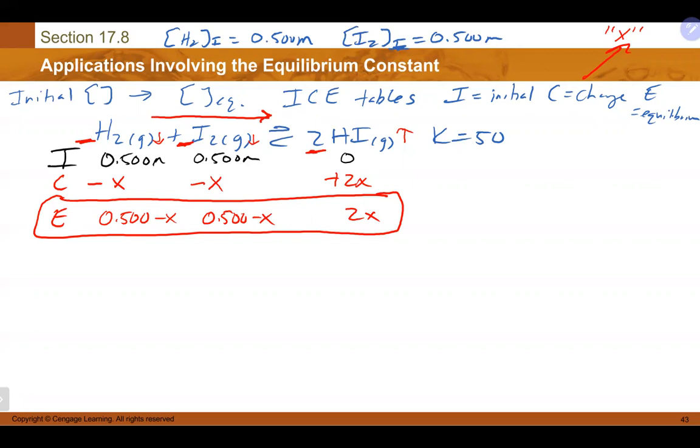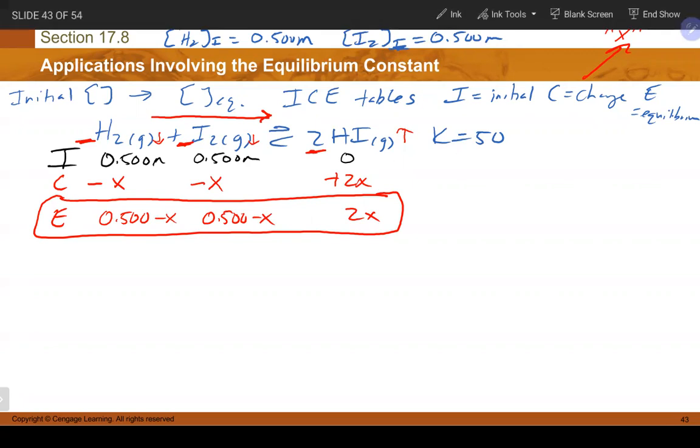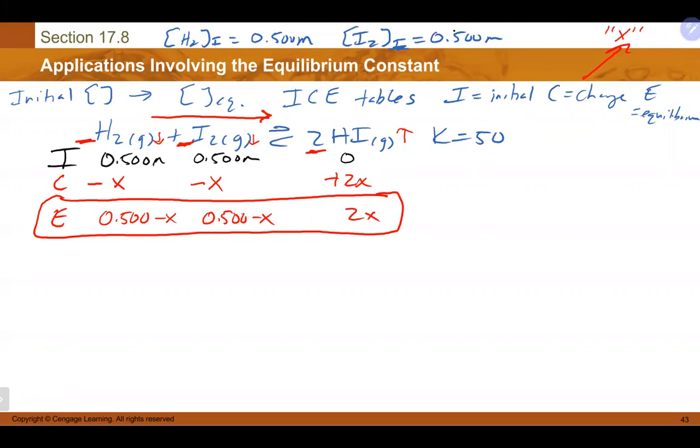To do that, we're going to use our equilibrium expression. In this case, K would equal, just like it did on the previous one, HI squared divided by H2 times I2. And again, we do need to square the top one because of the coefficient, and it will equal 50.